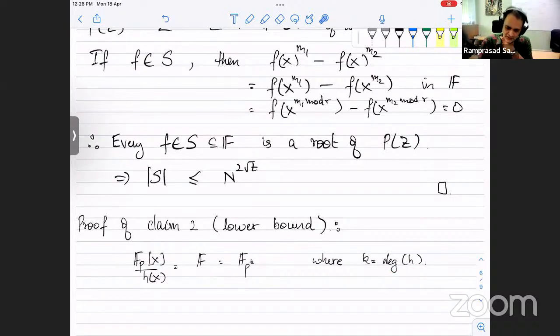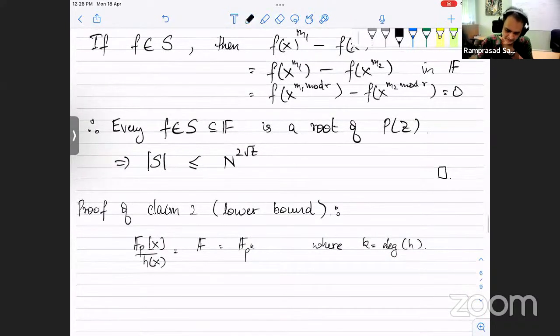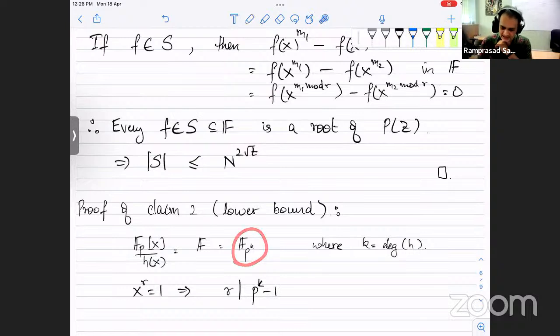Now, I know that x^r is equal to 1 in this field. This in particular implies that r must divide p^k minus 1, because every non-zero element here satisfies x^(p^k minus 1) equals 1.